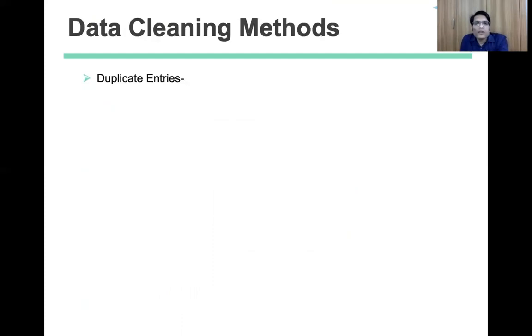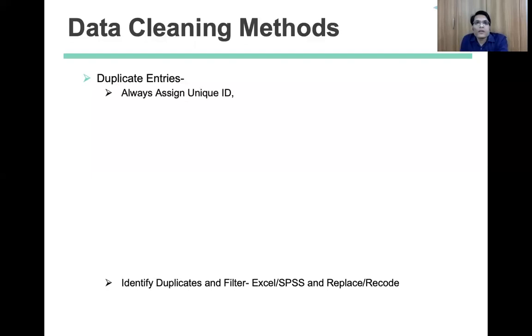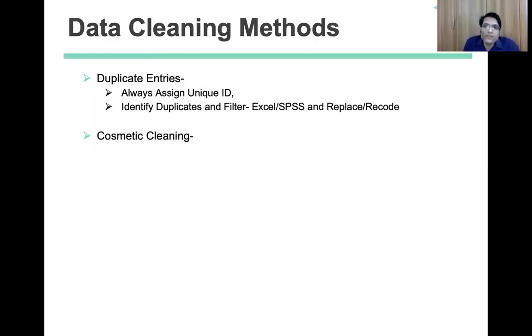Now after the entry is finished, and before we go for analysis, first take care of duplicate entries. If different persons are entering the data, some person may enter the same case file repeatedly, so that when your master sheet is completed, the duplicate entries inflate your findings.